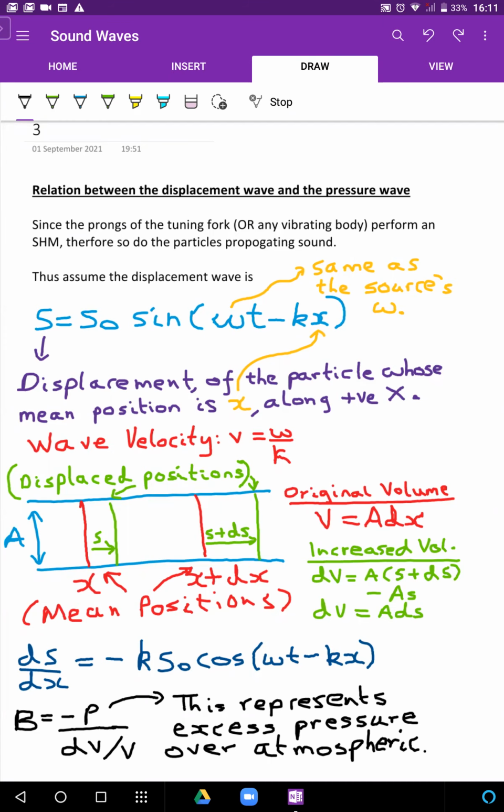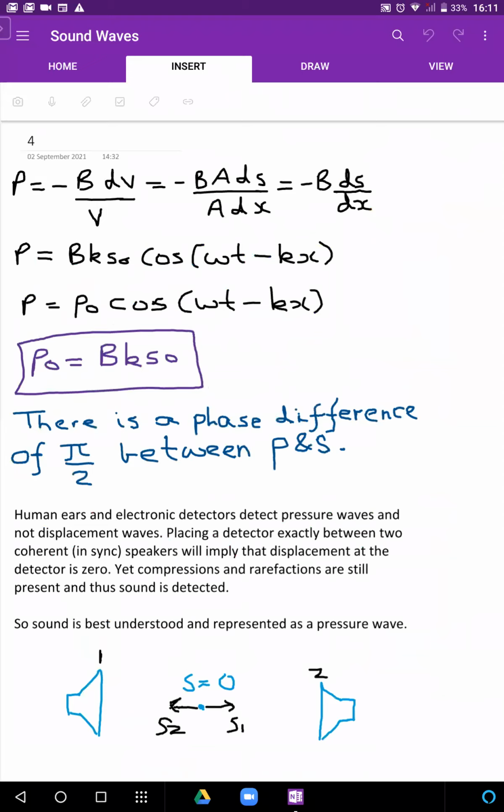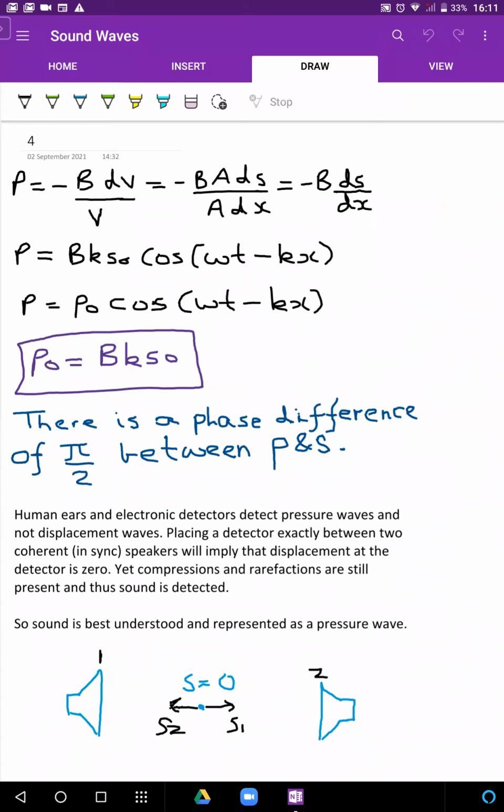Now, from the same equation, pressure becomes minus B dV by V. dV, the small increment in volume we were considering for that small element of size dx, was area times ds, whereas the volume of that element itself was area times dx. Because of different displacements, the volume increased by A ds.